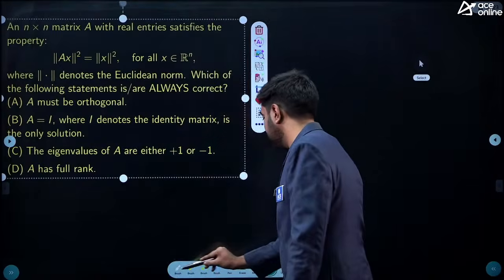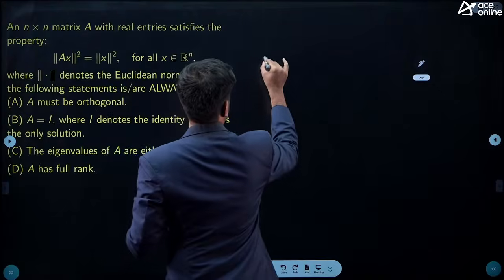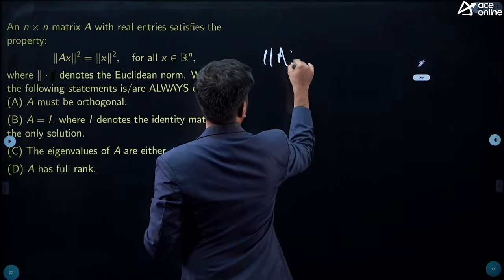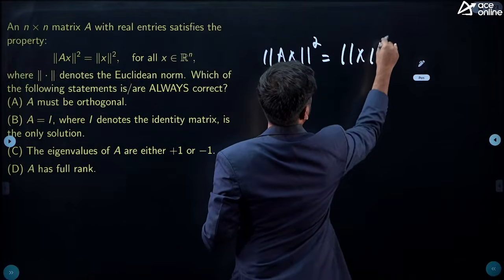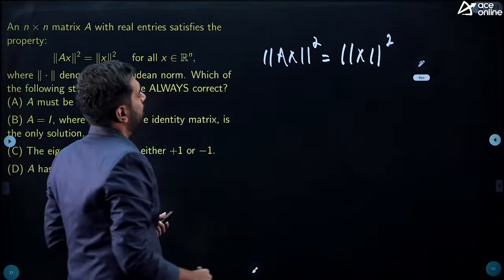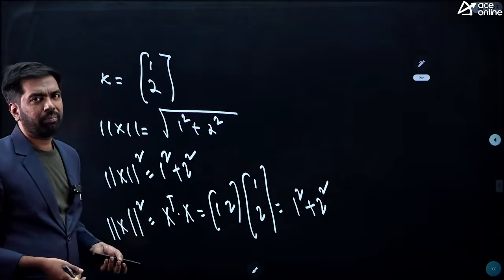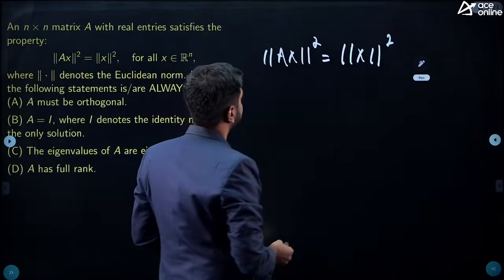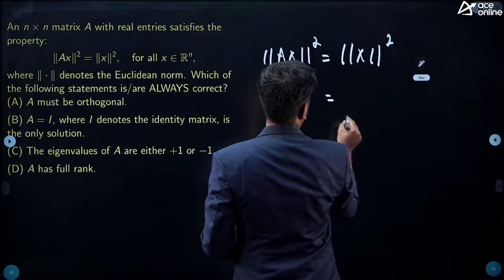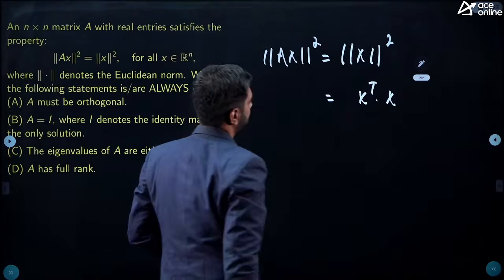Let's write the first condition that he gave. What he gave is norm of Ax square is norm of x square. Just now I said, how do you find the Euclidean norm square? You take x transpose x, that is nothing but the norm square. So this part can be rewritten as x transpose x.